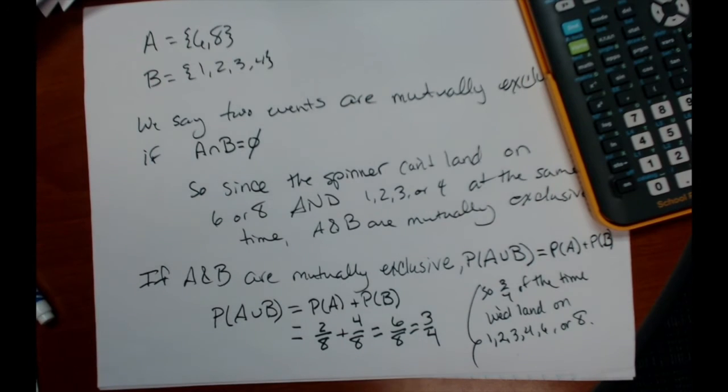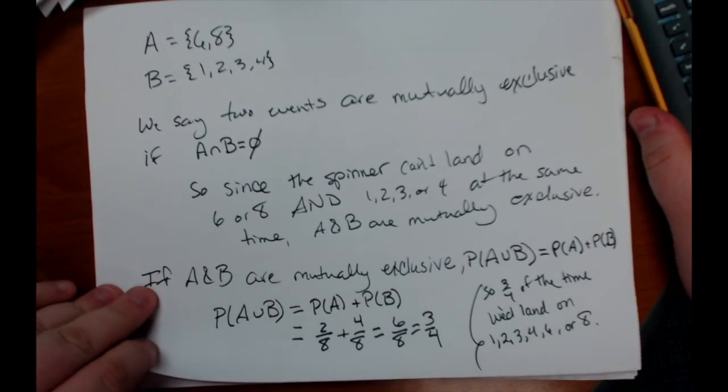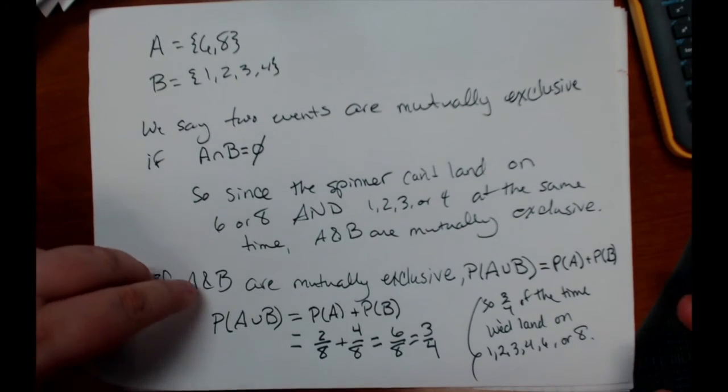But again, we can only do that when they're mutually exclusive. So I'm going to introduce one more idea and then talk about what happens if they're not mutually exclusive.